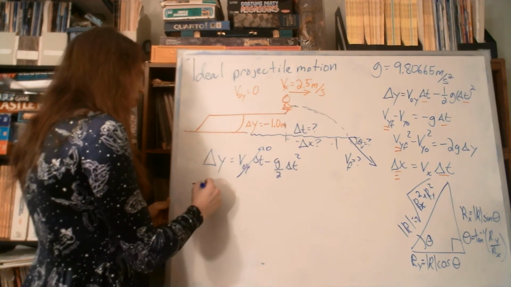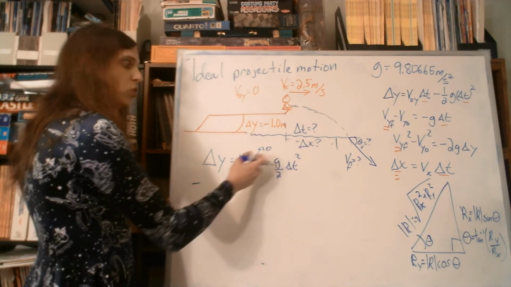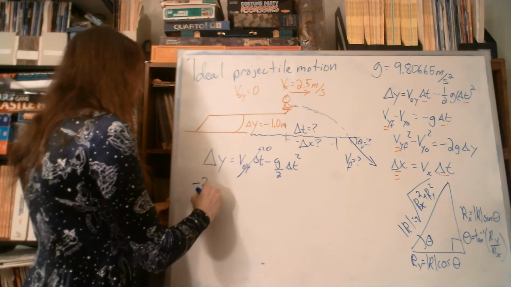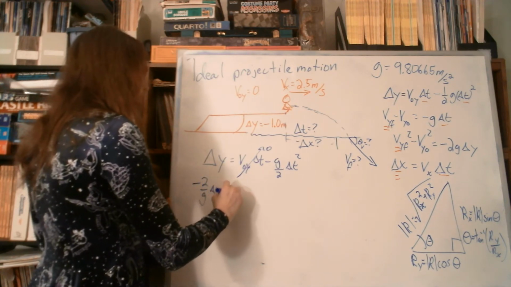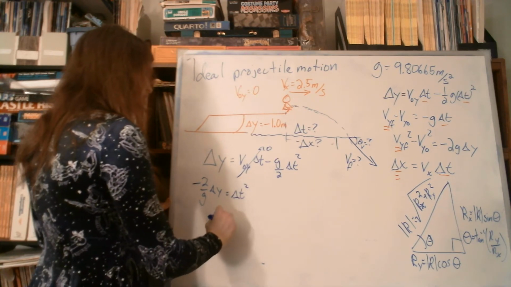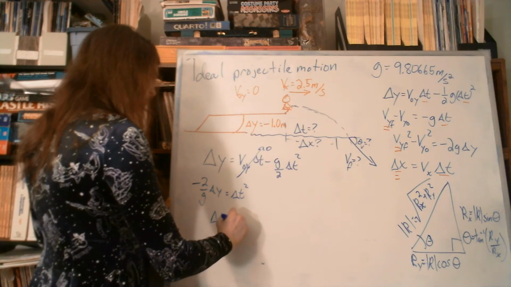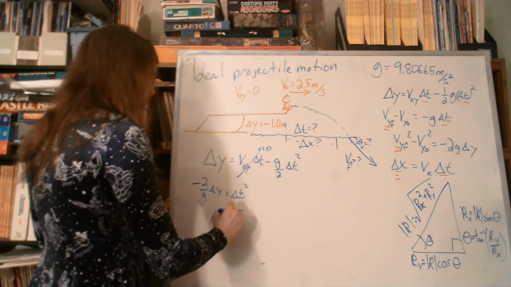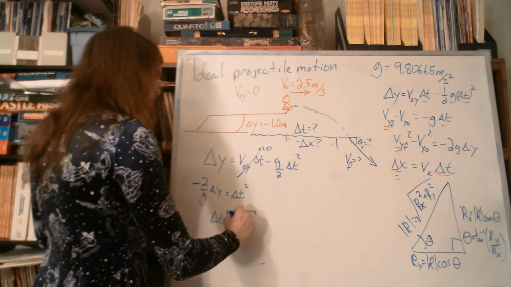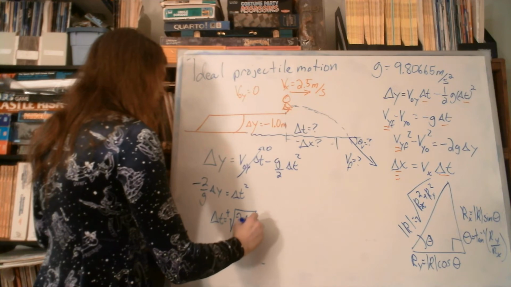So multiply both sides by negative 2 over g. We get negative 2 over g, delta y is delta t squared. So delta t is plus or minus the square root of negative 2 delta y over g.